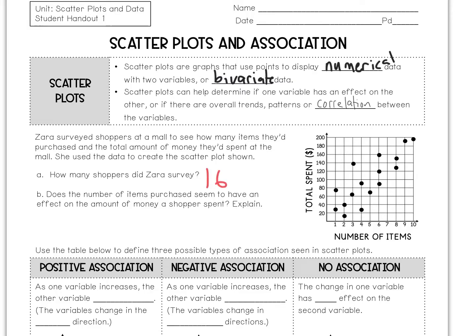16 dots. Okay. And then does the number of items purchased seem to have an effect on the amount that people spend? Does it look like there's a general trend that the more items you purchase, the more money you spend? Does it look like that's generally true? Yes, it looks like your data is kind of shaped like that.